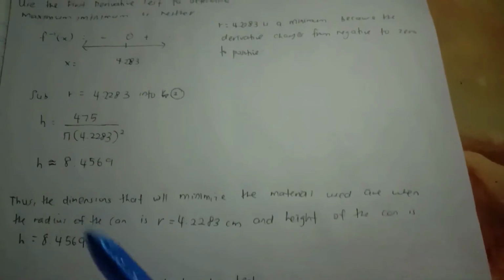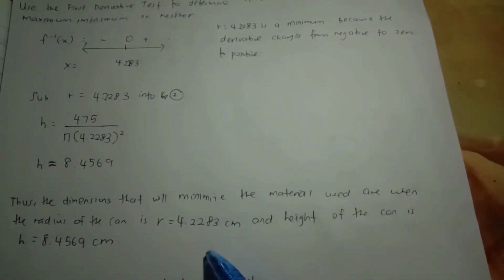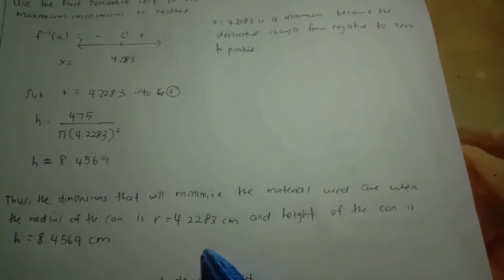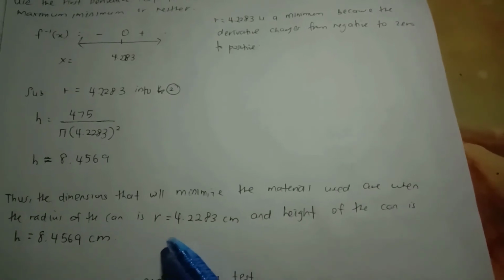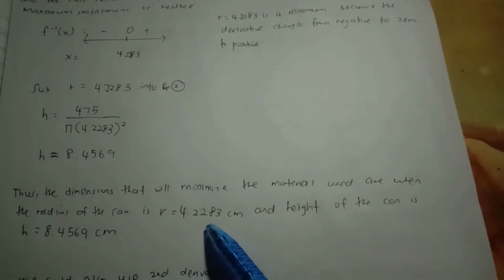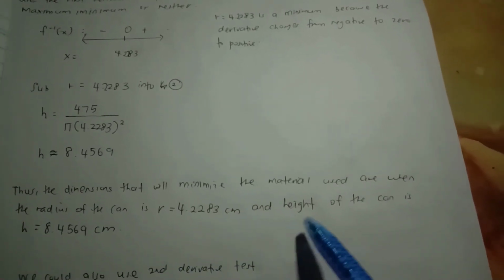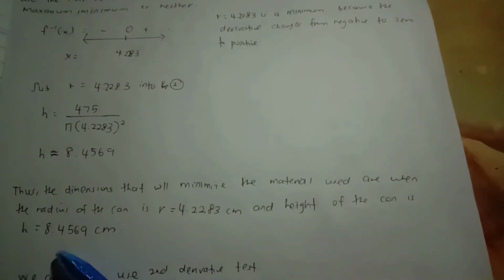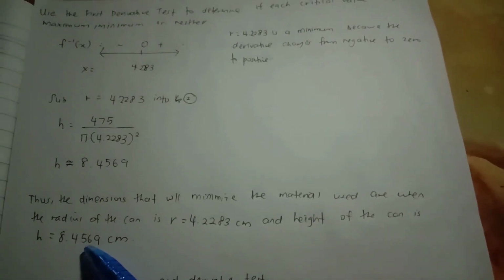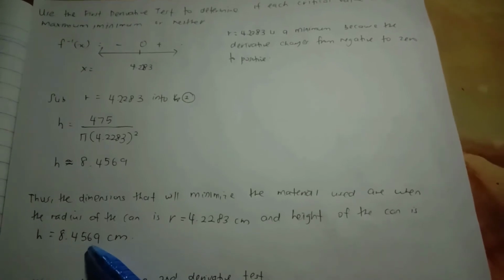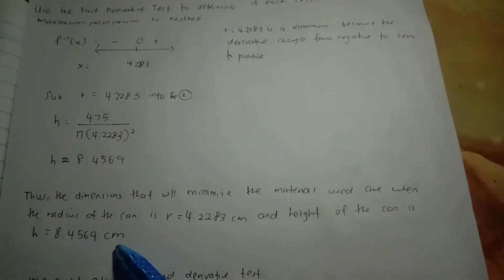And thus, the dimensions that will minimize the material used are when the radius of the can is r equal to 4.2283 centimeters and the height of the can is h equal to 8.4569 centimeters.